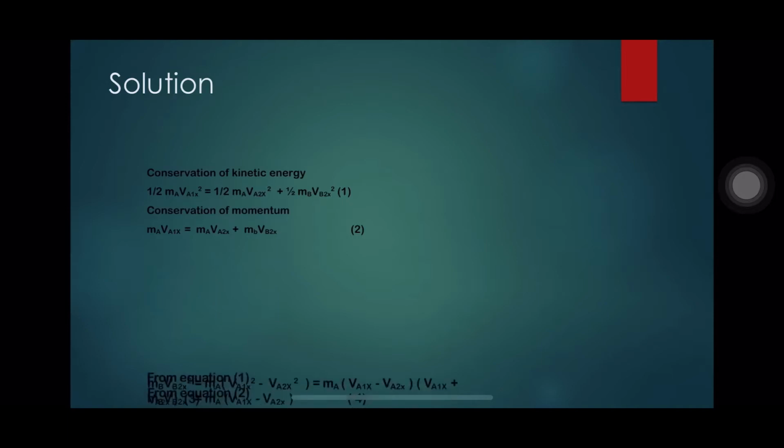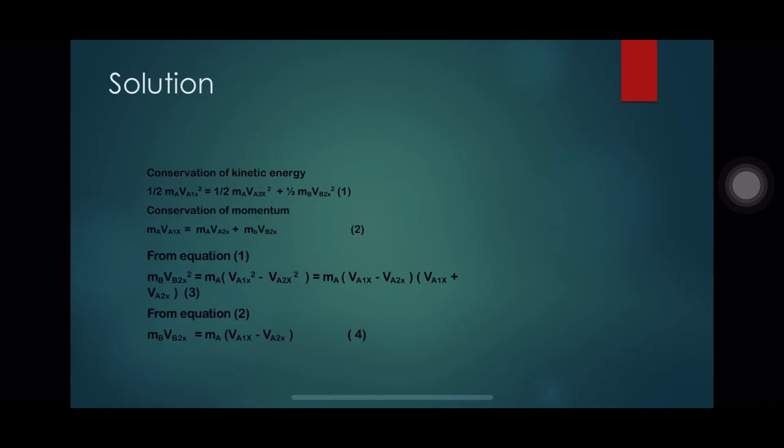From equation 1, after a quick multiplication, we get mb multiplied by vb2x squared equal to ma factor va1x minus va2x factor va1x plus va2x, which is equation 3.